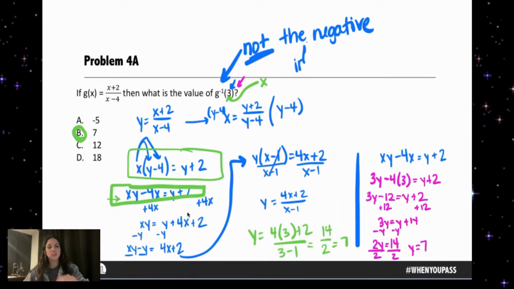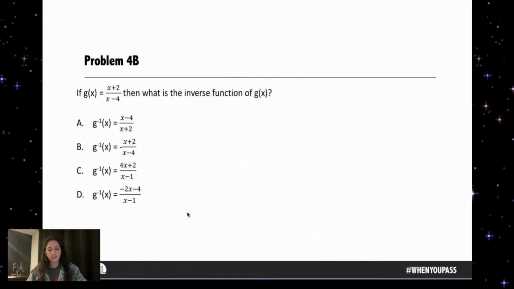Now, I'm just going to reveal problem 4b to you so that you can see the difference. Ready? If g of x equals (x plus 2) divided by (x minus 4), then what is the inverse function of g of x?